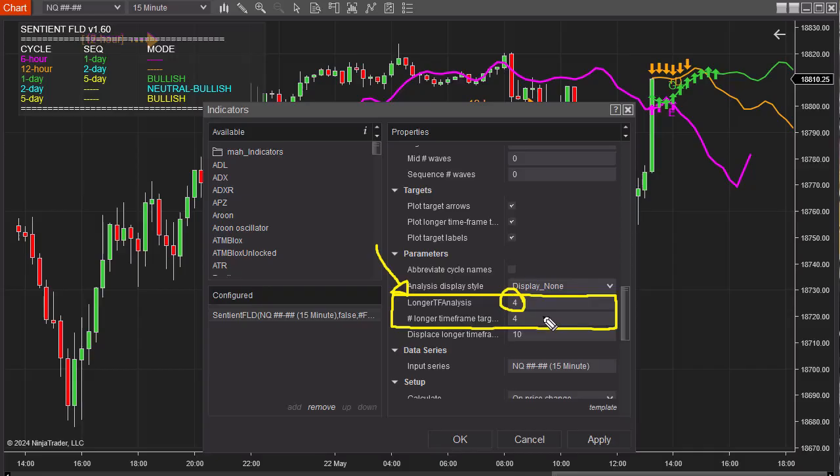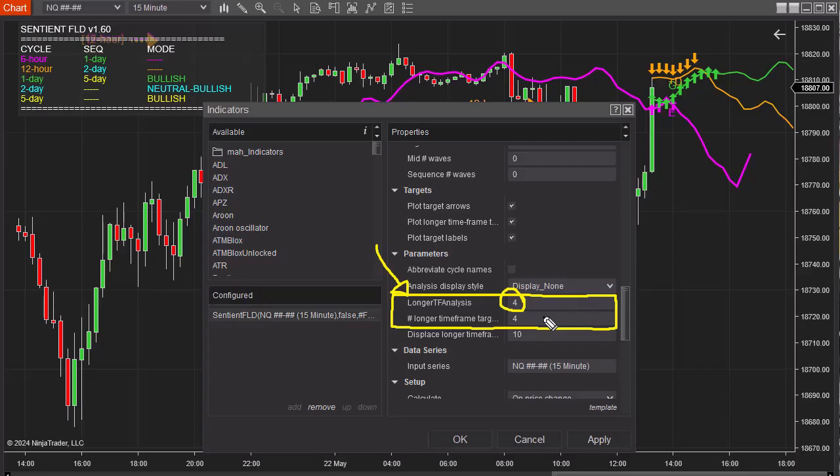What happens is that when the sentient FLD indicator performs its analysis, it starts the analysis by looking at longer time frame data. That's a very important part of the analysis process. If all that it is looking at is the data that you have on your chart, it does not have enough data to perform a really good, thorough cycle analysis.